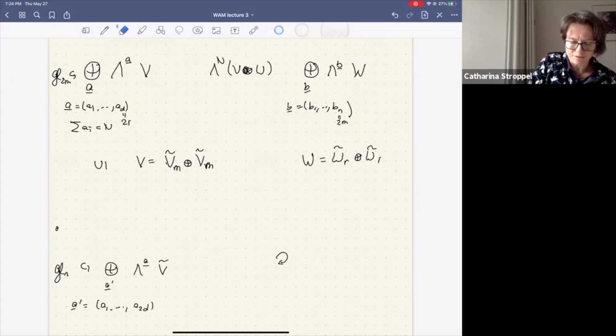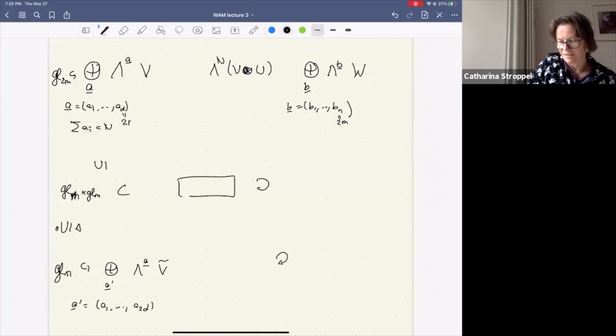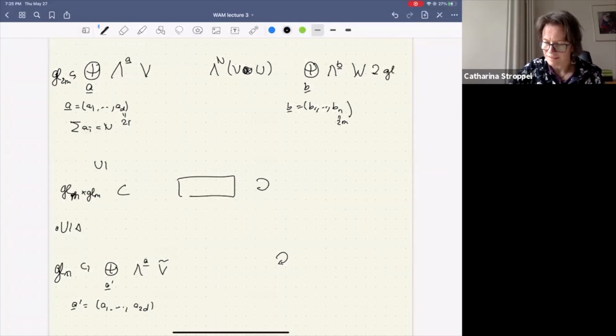And then in between, you have this GL, what M? GLM times GLM. This is sitting inside with a diagonal action here, acting on the restriction. And on the other side, you have GLD here and GL2D there.